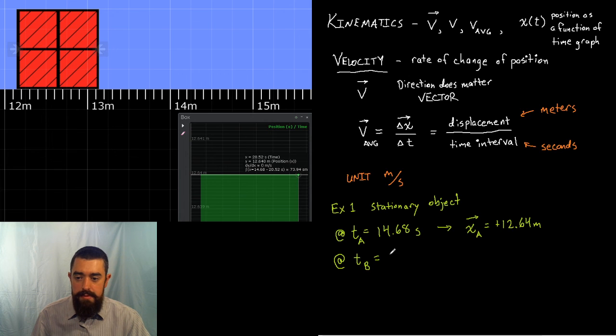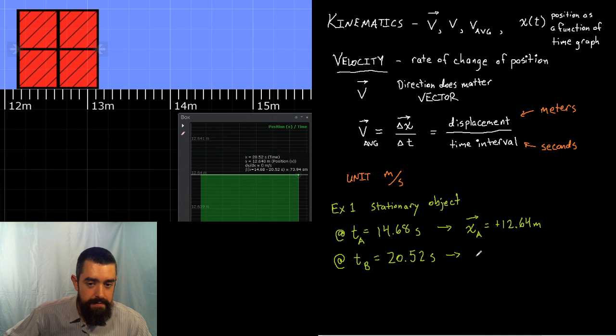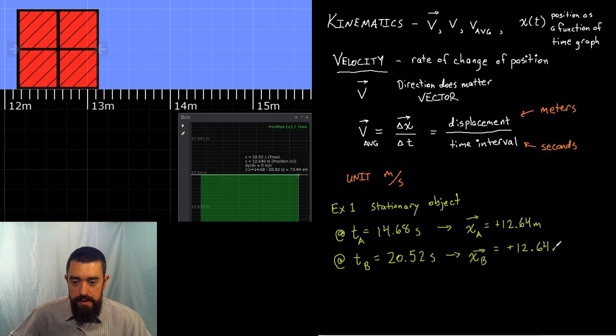That time is 20.52 seconds. What was the position at that time? Well, it's right here. The position at 20.52 seconds was 12.64. XB equals positive, to the right of the origin, 12.64 meters.